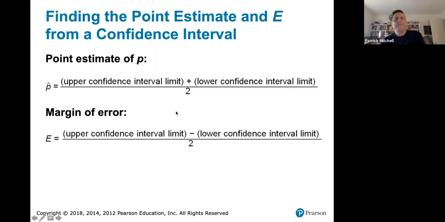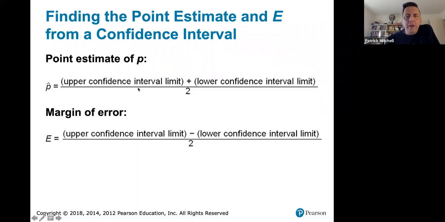All right, now we're going to go the other way. Suppose you're given the confidence interval and you have the lower and upper limits. Can you get P hat and E out of that? It turns out you can. It's very easy. First of all, if you picture that 0.405 to 0.455 from the last example, those are the upper and lower limits. P hat should be right in the middle.